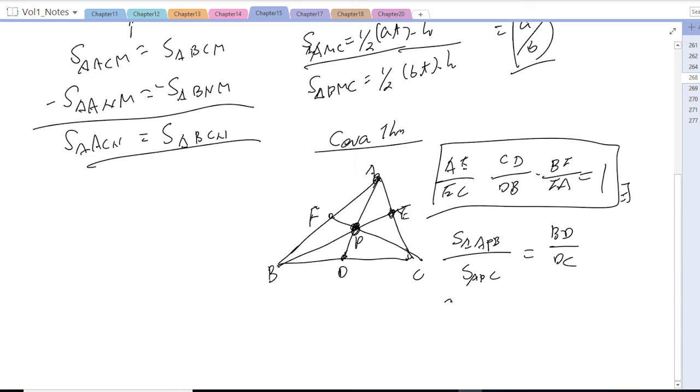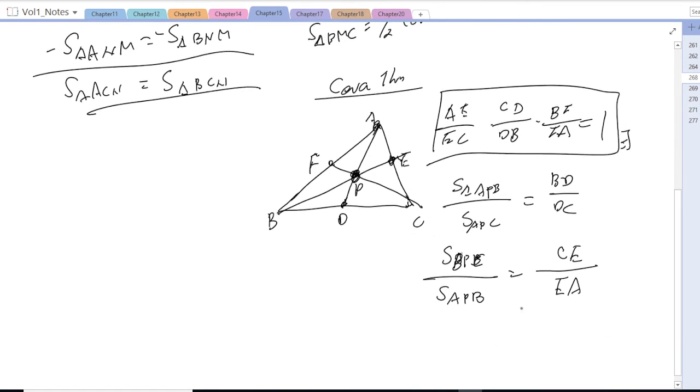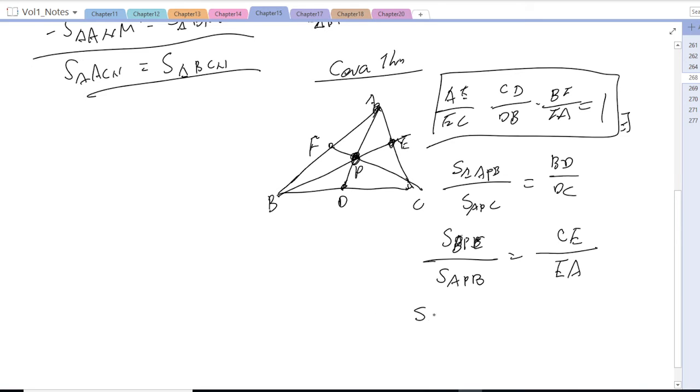Then the triangle BPC over triangle APB is equal to CE over EA, and the final one is the triangle ACP over triangle BPC is equal to AF over FB.